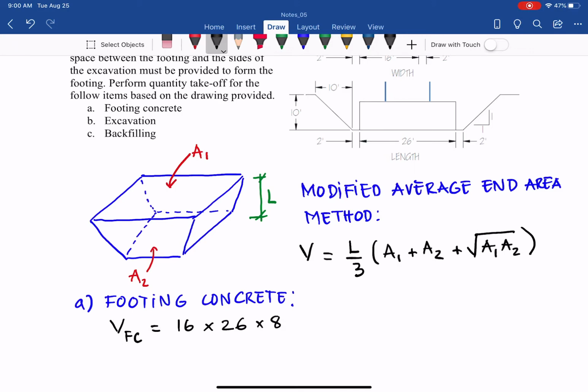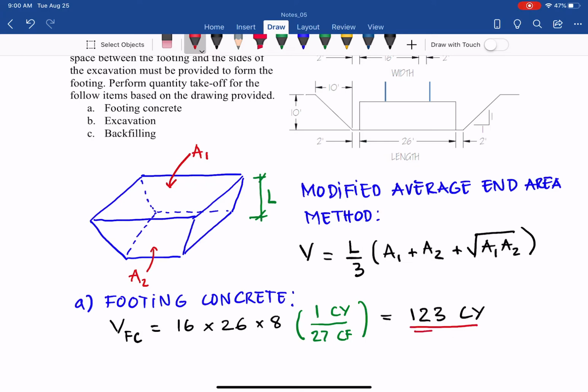So we convert that unit into cubic yards, which is typical: 1 cubic yard per 27 cubic feet. From that we get a footing concrete volume of 123 cubic yards. And that's the first answer.